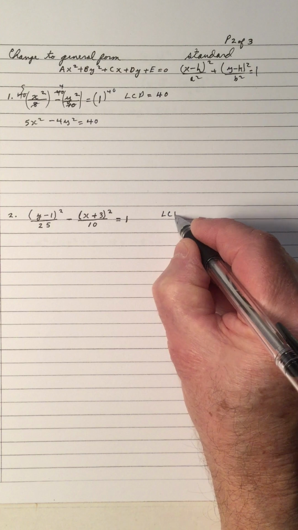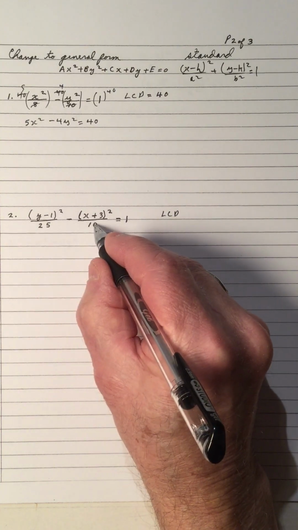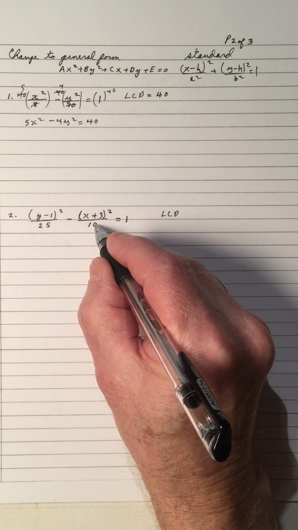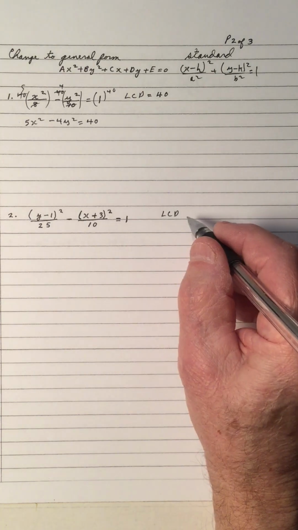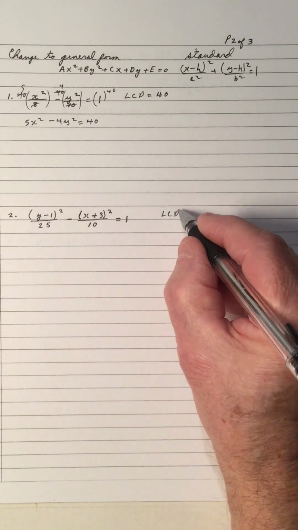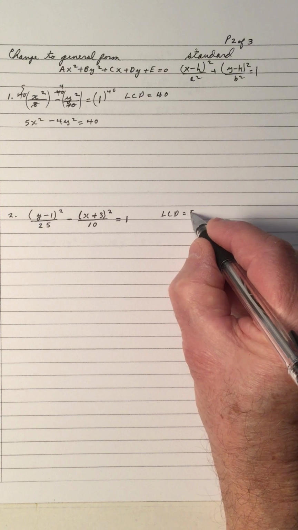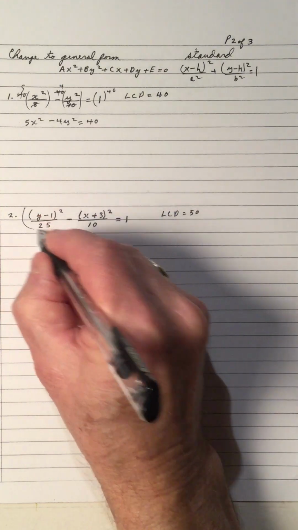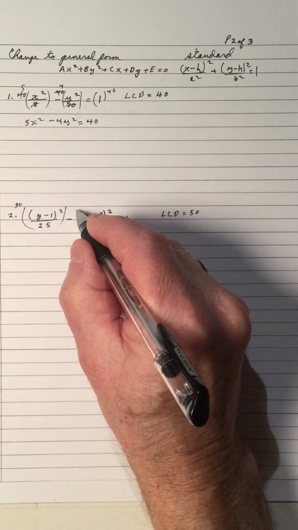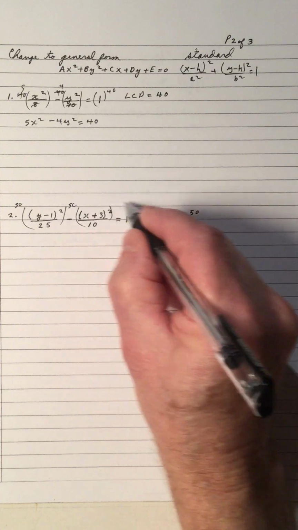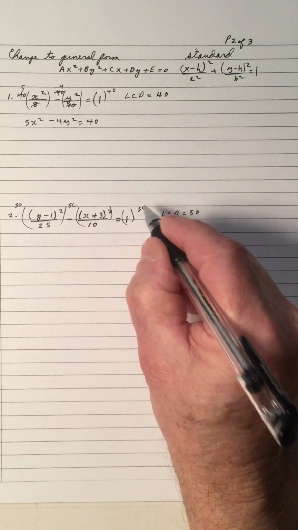So again, the LCD of 25 and 10. So the LCD is, we could say, 50. 50 is an LCD. So we'll multiply by 50, multiply by 50, multiply by 50.